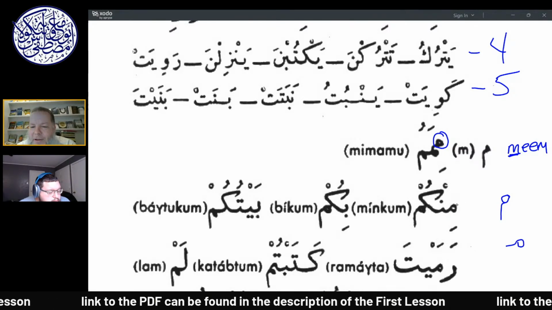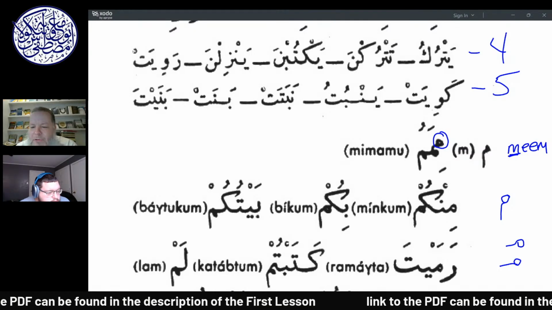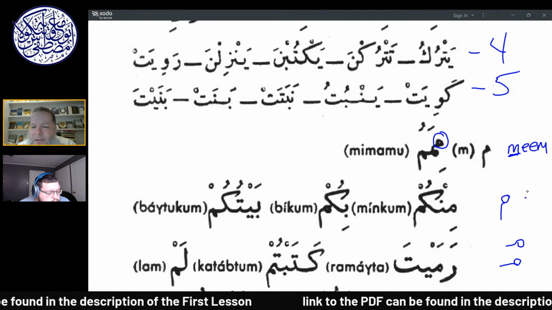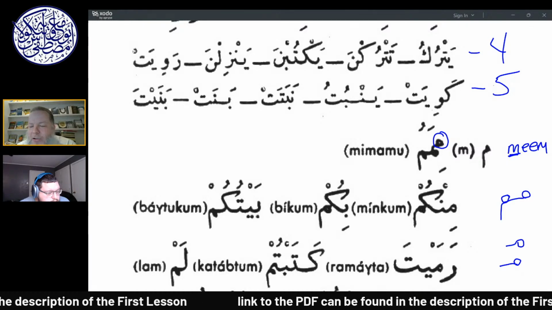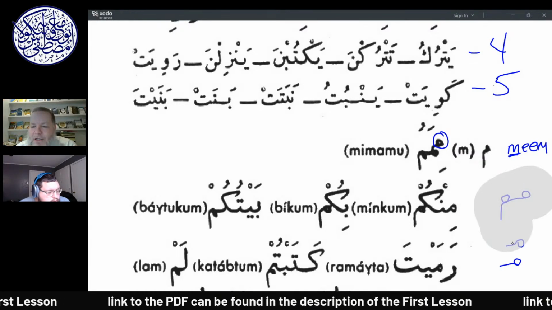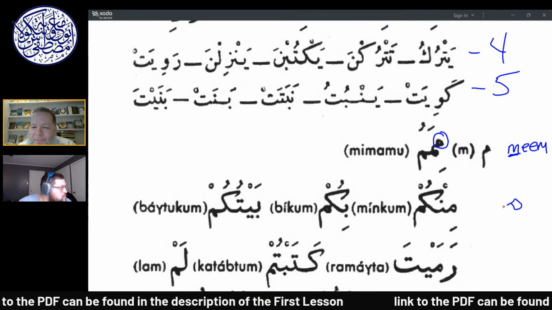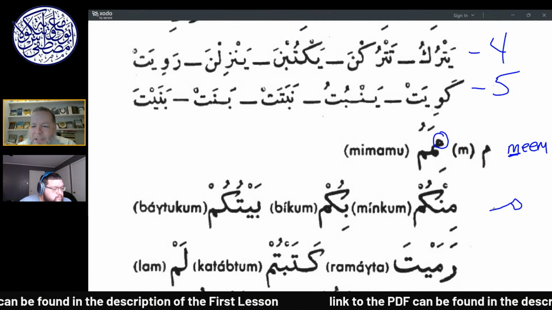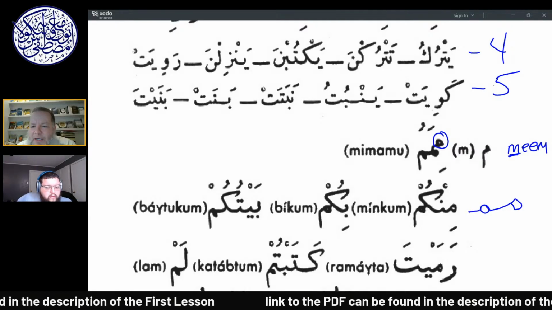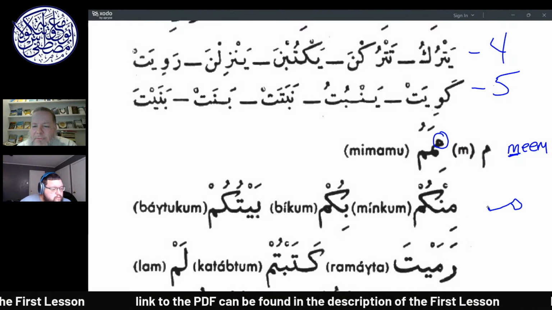You want to make sure that you start at the bottom. You don't come from the top around, because that's going to look like a different letter later on. It's going to look similar. So you want to start at the bottom and come down. And then in the middle, it's going to be a circle. And then at the end, it's just going to look like a circle with the tail.